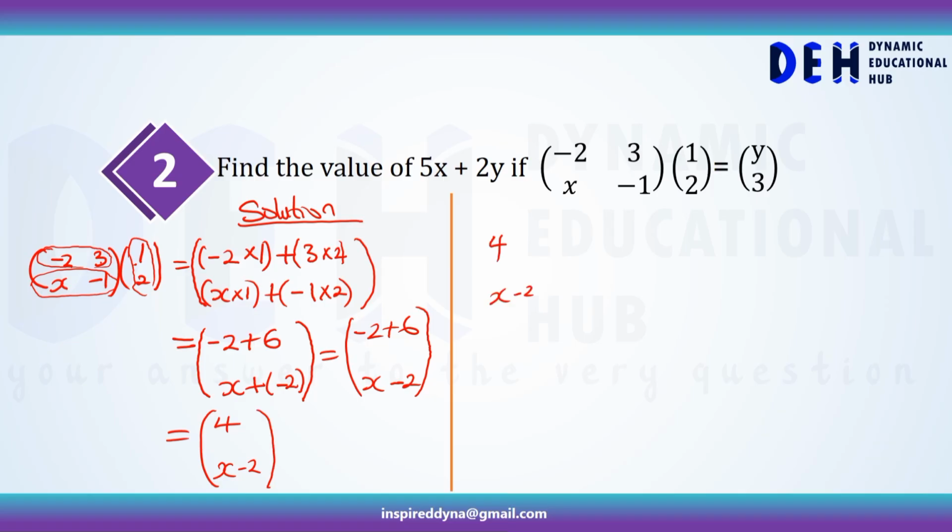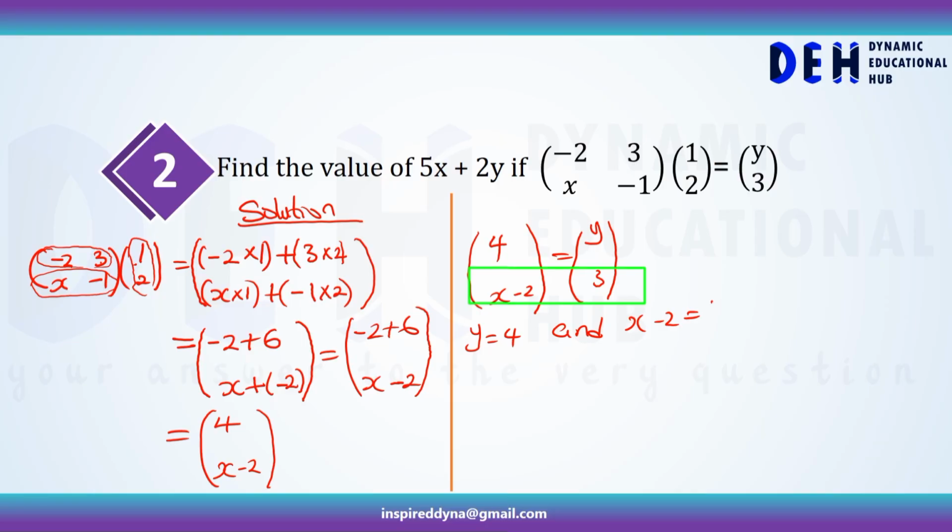So 4 and x minus 2 should be the same thing as y and 3. Let's compare and contrast. Which means y is equal to 4 and x minus 2 is equal to 3. When you solve this, x is equal to 3 plus 2, which is 5. So we have gotten the value of x and y.